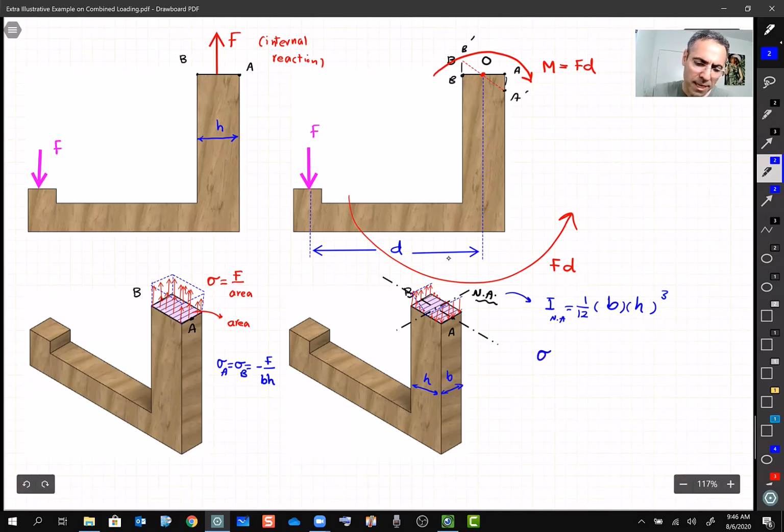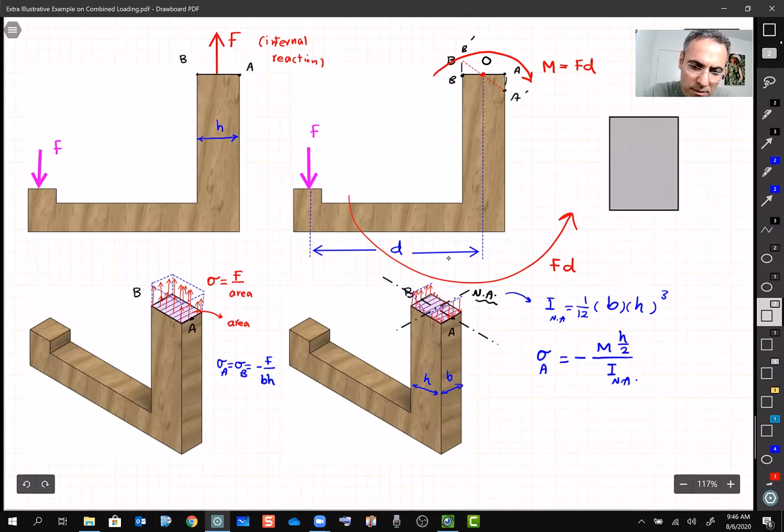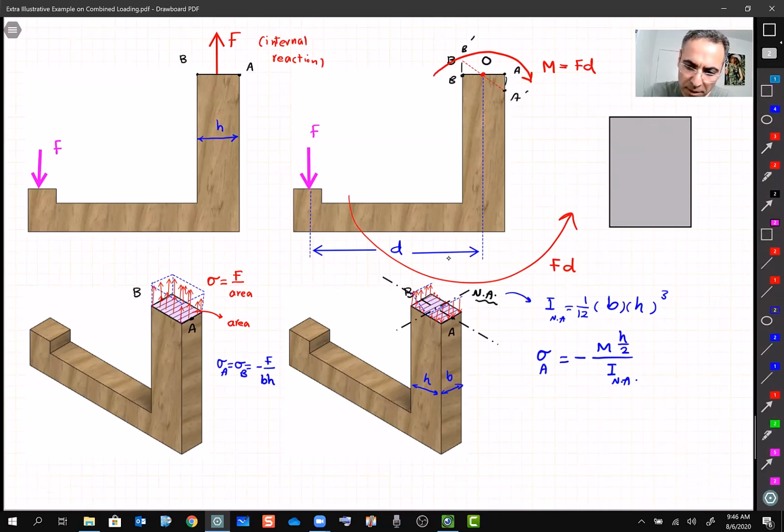And then we say the stress at point A is minus M, right? The distance is going to be H divided by 2, over I about the neutral axis. Let me draw the cross section, maybe just to make sure that you guys can follow every step, right?